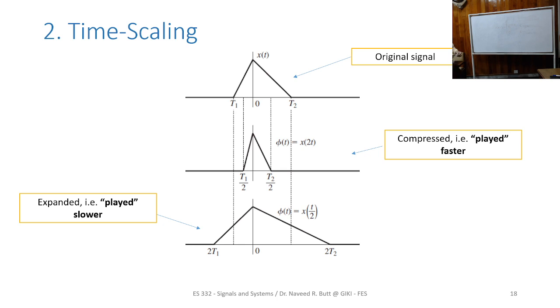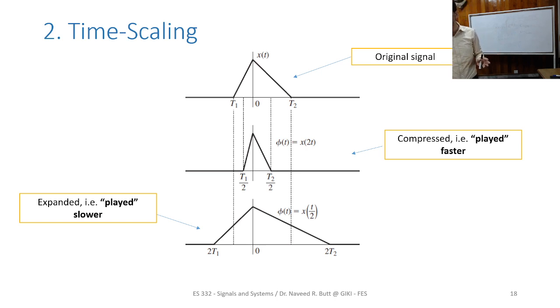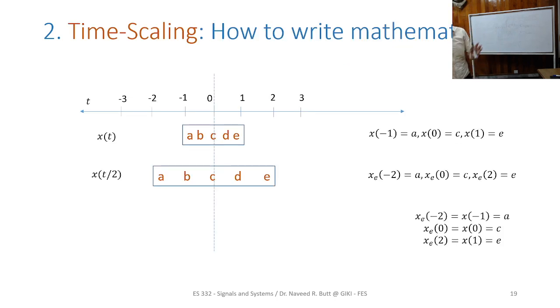So this is compression and this is expansion. The first one was time shifting. Why time? Because we are messing with the x-axis. So this is time scaling. You scale along the time axis. To see what it looks like, write out some values.